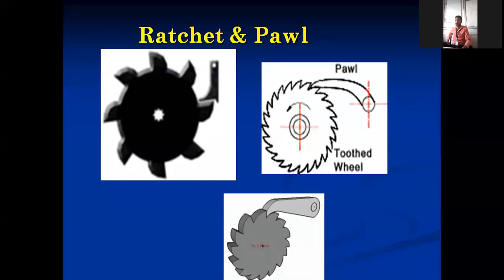Means once we rotate in the forward direction, engagement is happening with the component; once we rotate in the opposite direction, disengagement is happening.